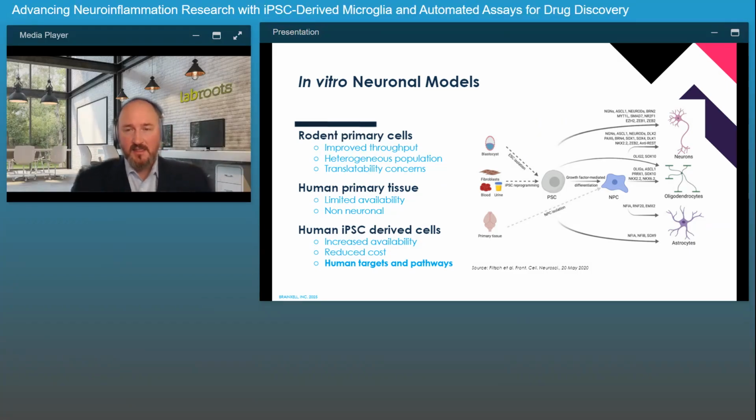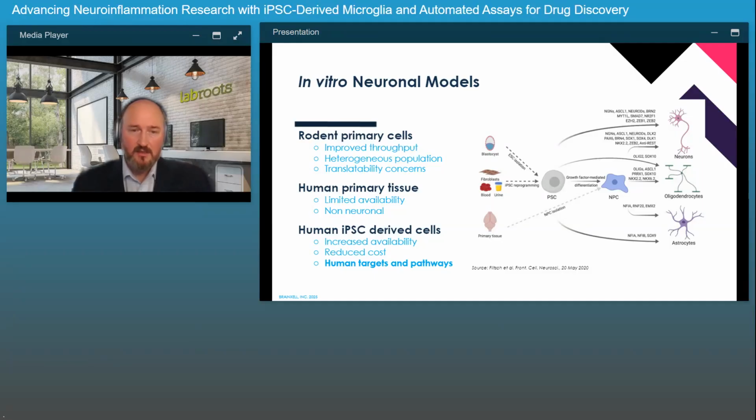This is something that has really become more prevalent in recent years as the different cell types have become more available. This allows for increased reproducibility and increased availability of the cells. The cost has decreased. And what this really allows us to do is focus on human targets and human pathways, right?